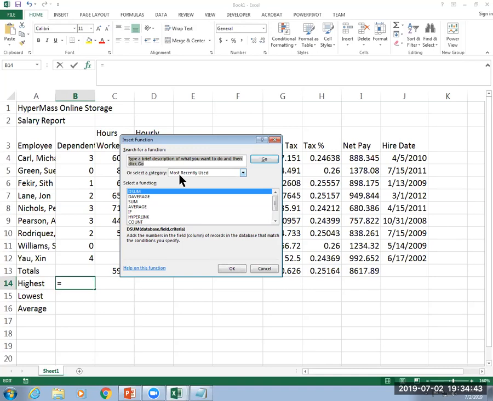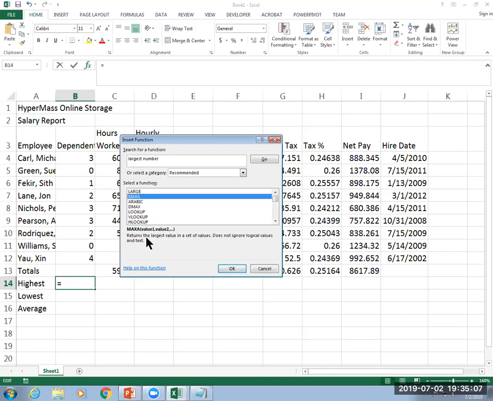So if I couldn't remember that it's called minimum or maximum, but I want to find the largest number, I might type in something like largest number, and click go. It will show me all of the things that have the words largest number in it. So it's not large array, max A. This is pretty close to maybe what I want.